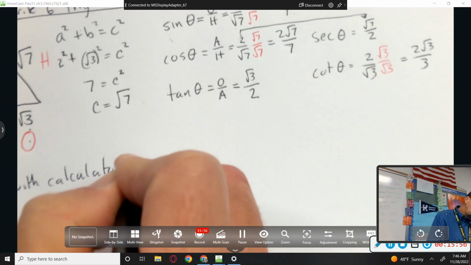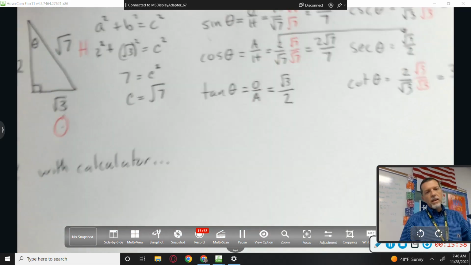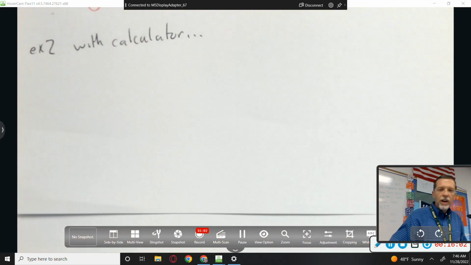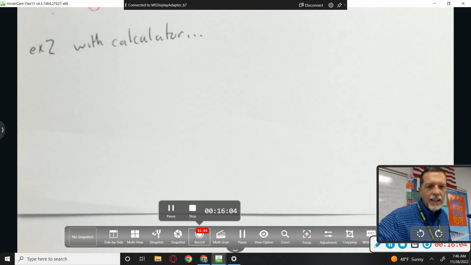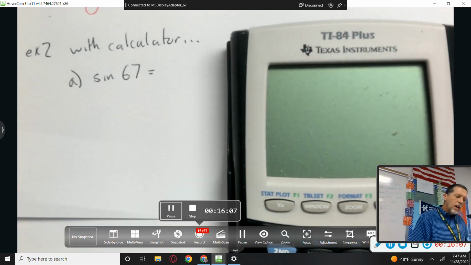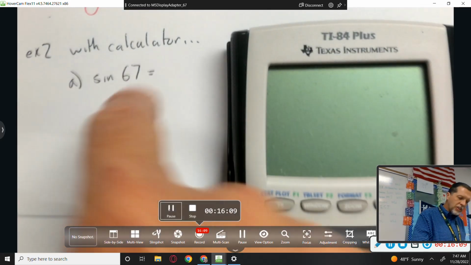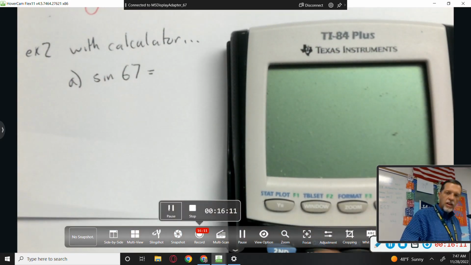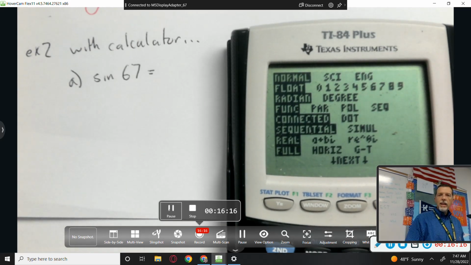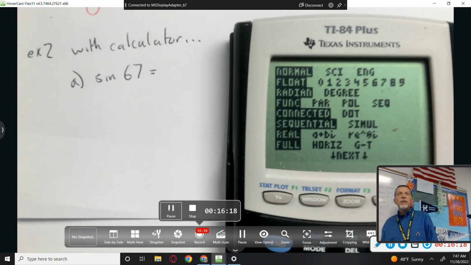Right, example 2 is with calculator. So I'll hit pause so everybody can go grab your own calculator or grab mine. Sine of 67. Although we do need to be careful, 67, that's in degrees. So make sure to go to mode and make sure you're in degrees because it's probably defaulted to radians.